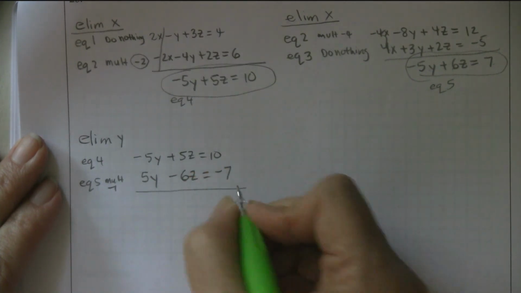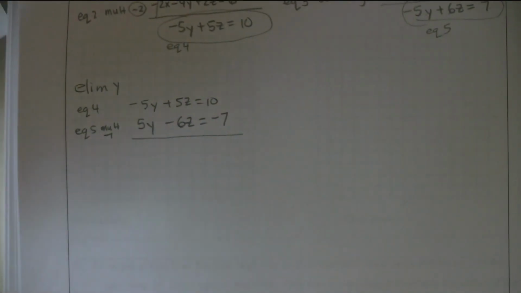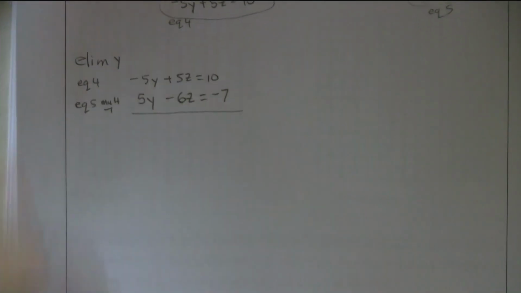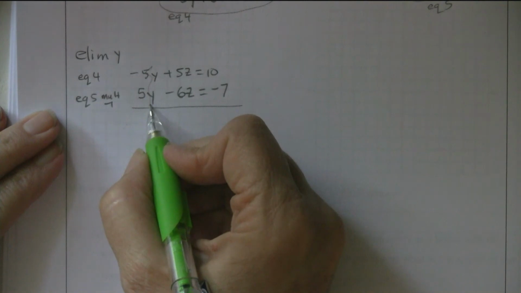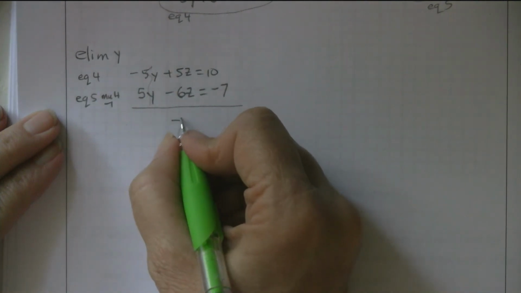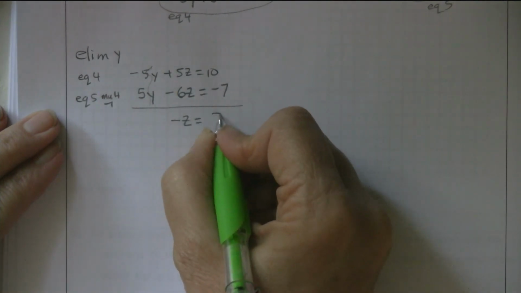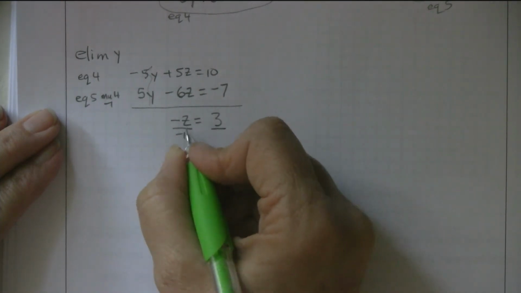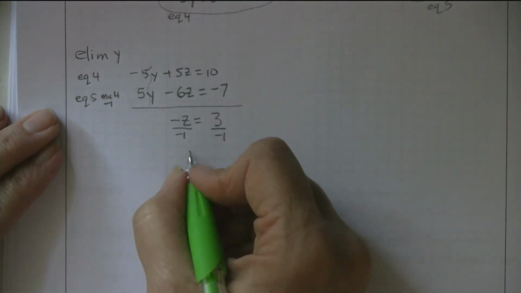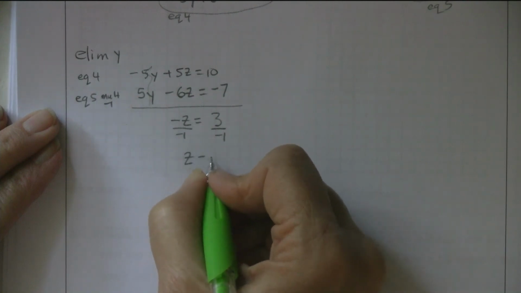And I've given you plenty of paper here to write on. And I definitely would anytime I have 3 equations, 3 unknowns. And you notice when the y's drop out, I'm going to get -z equals +3. And all of a sudden, I know what z is, because I can divide by -1, and z is -3.